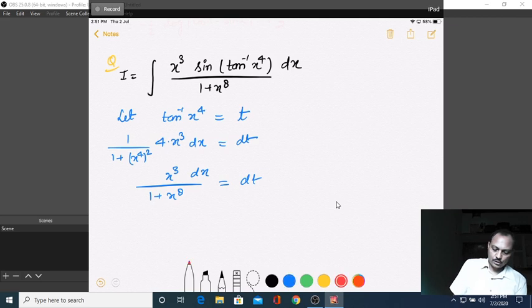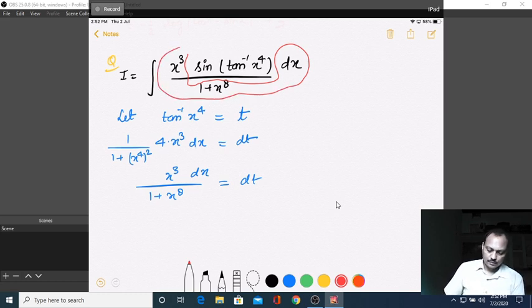So, in this question, this x cube along with this term, this whole quantity, 1 upon 4 is there, this 4 will come here as 1 upon 4 dt.